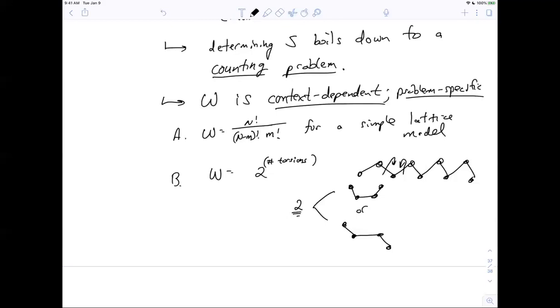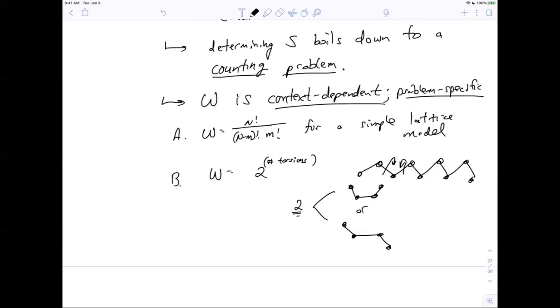It may not be A or B, most likely there will be another system that I will pose as a problem, but I think you should be able to critically think about how to get W. And if you show that W is a counting thing, and you try to show that you're trying to count the ways, that would go a long way to indicating you understand what entropy is.